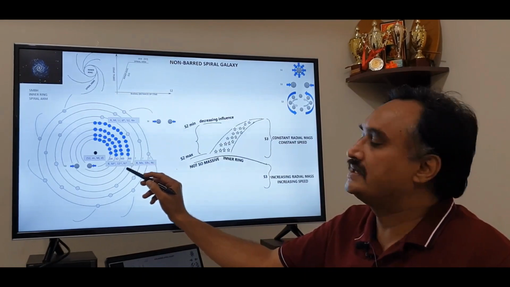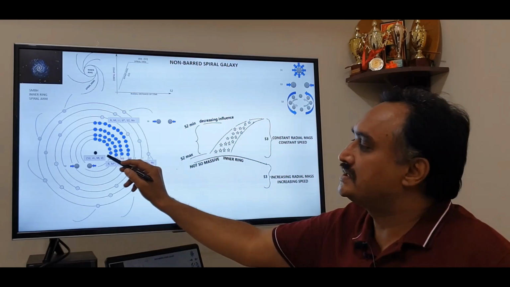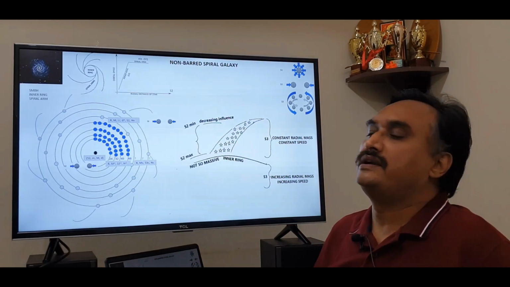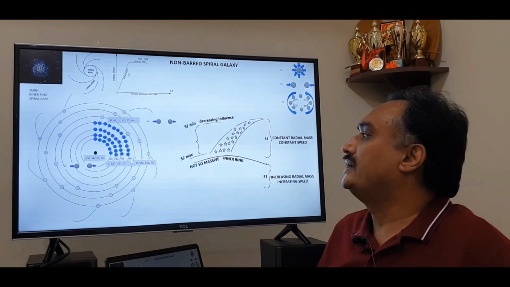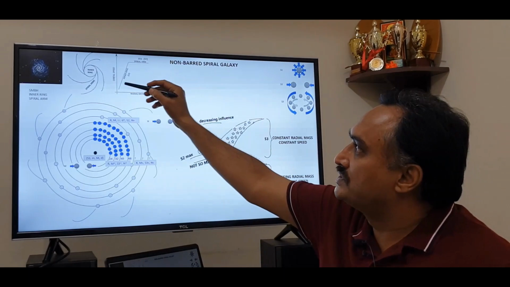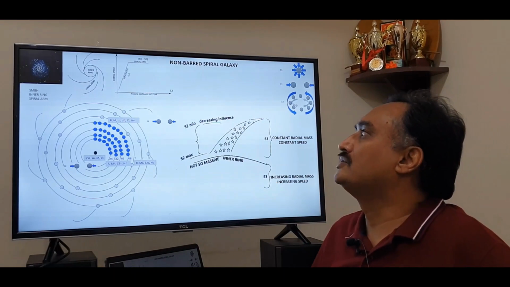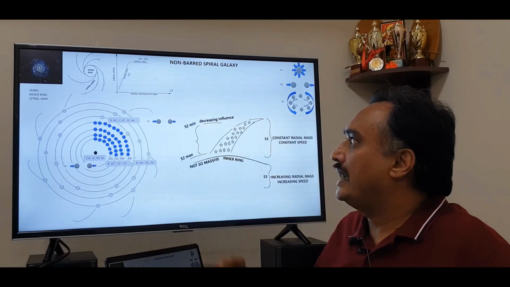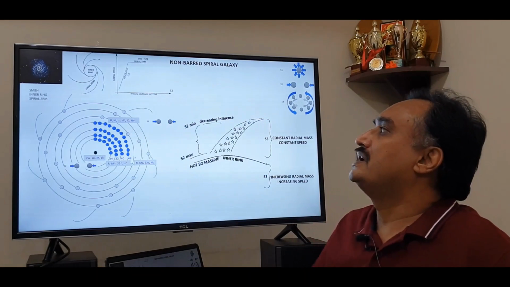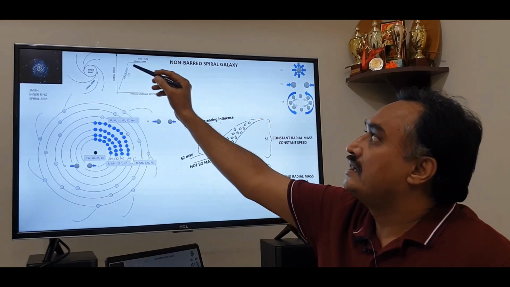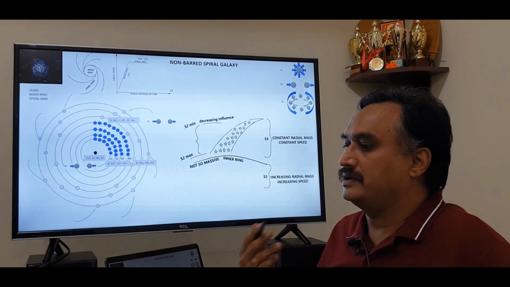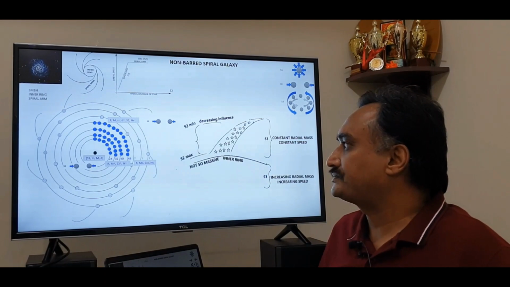Since this force increases, the speed of the stars also increases as you move from the center of the galaxy towards outside. That is how you see this part of the velocity curve, where as you move away from the center of the galaxy, the stars keep traveling faster and faster.